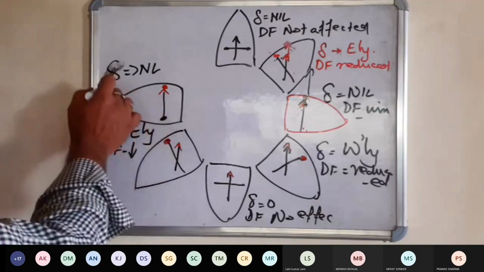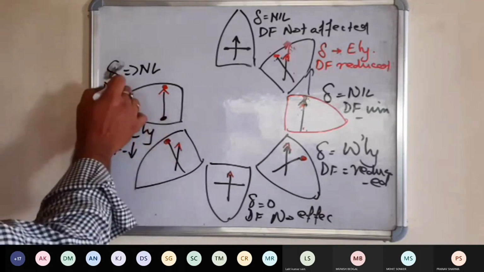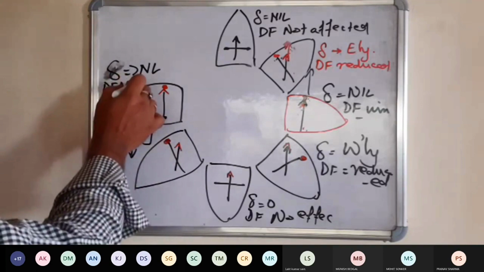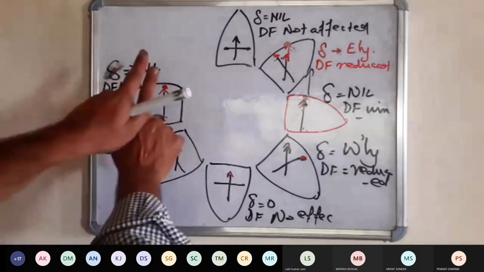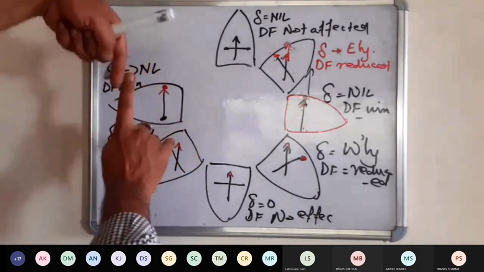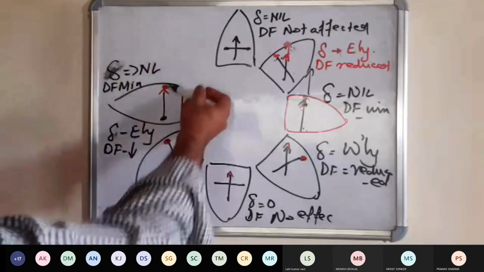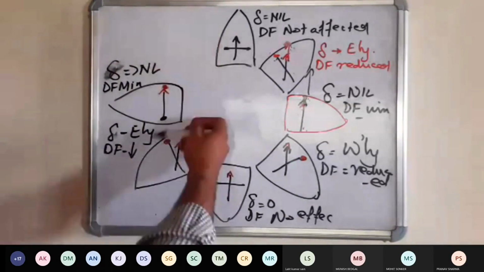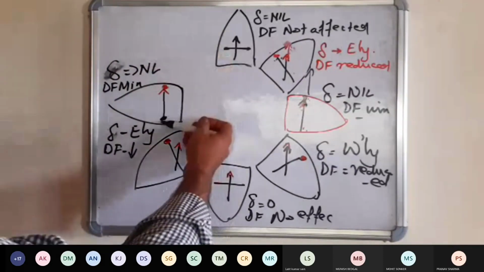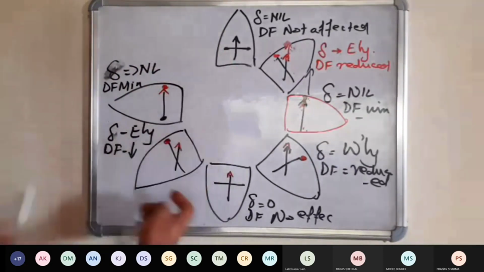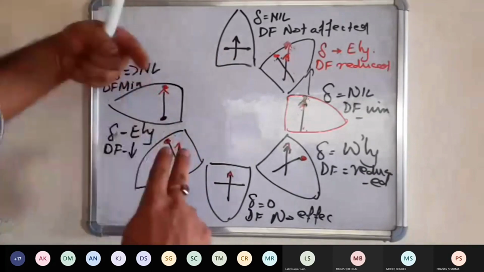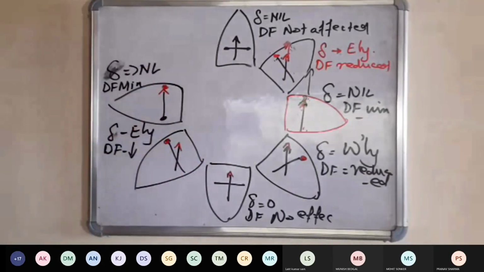So DF will be minimum, because both are in one line, exactly opposite to each other, so DF will be minimum. The lines of forces of earth are like this, coming out from red going to the blue end, and so the compass is lying in the opposite field created by the soft iron.